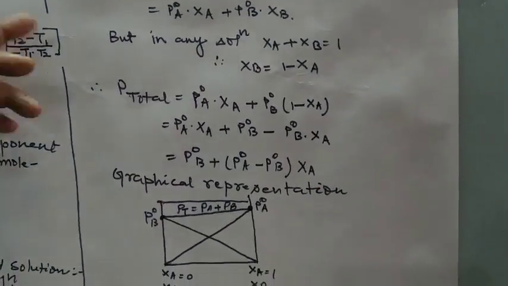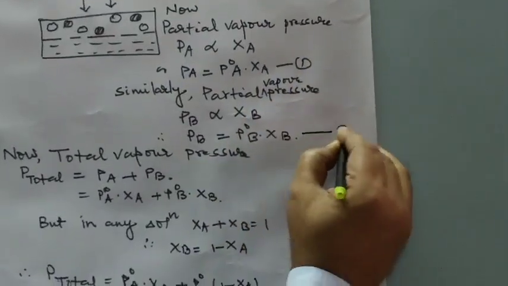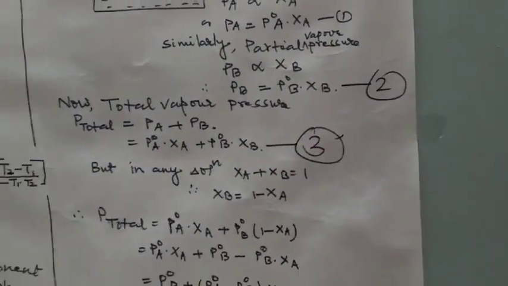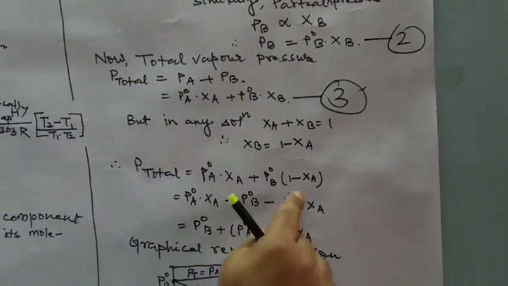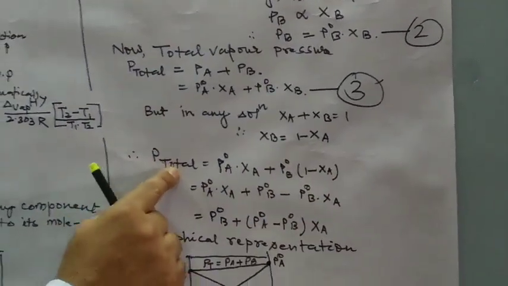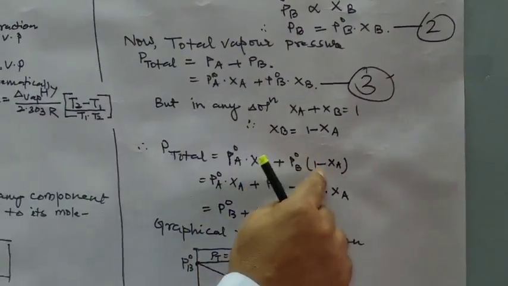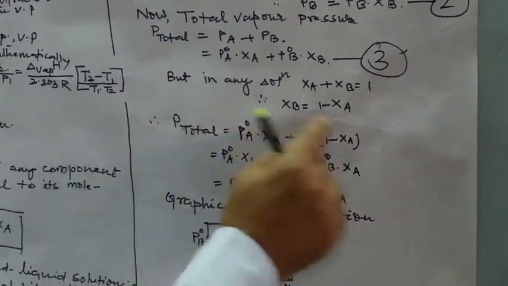Now let this be equation 1, equation 2, and equation 3. In equation 3, we will replace XB with 1 minus XA. So P total will be P naught A into XA plus P naught B into 1 minus XA. Now solve this.